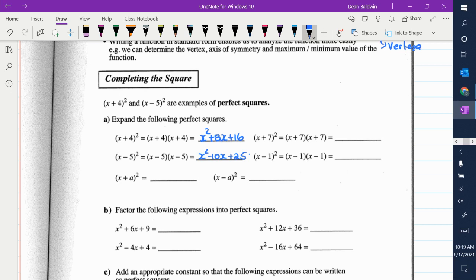All right, so do you see a connection between the 8 and the 16, or the 10 and the 25?